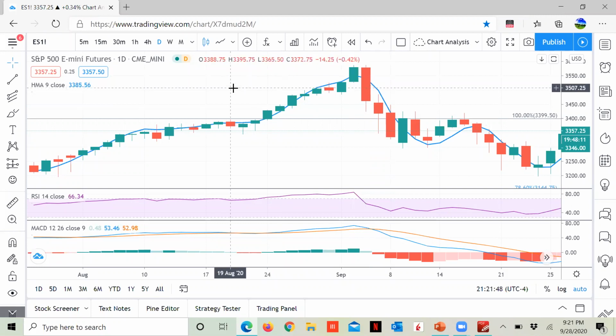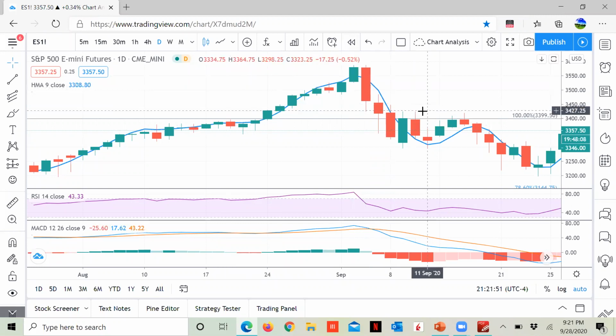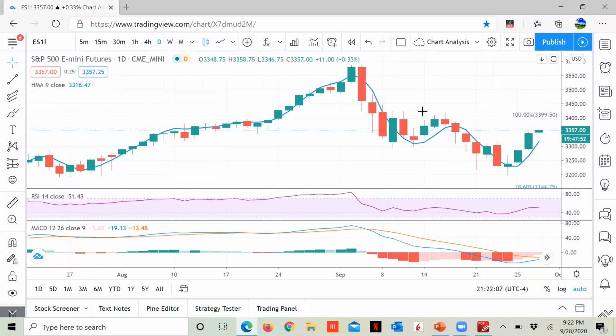Yes, Fazil, you have a question. So when it goes up the HMA, how long generally does it stay on the upper side? Is there any normal, like 3 days, 4 days, or does it just go up and come down the same day? No, that again, it's not time dependent.